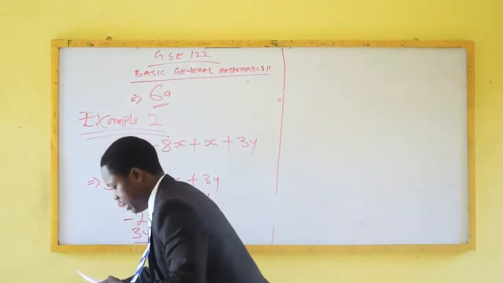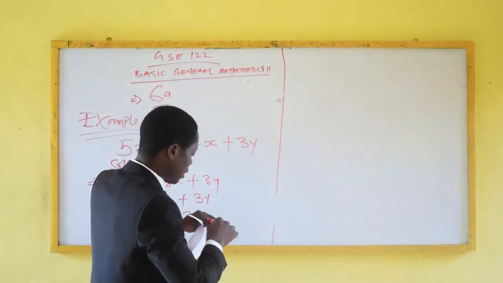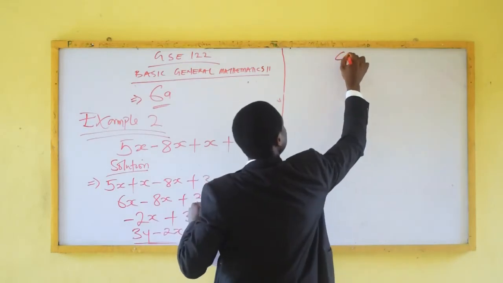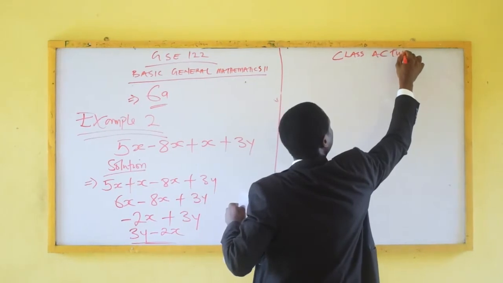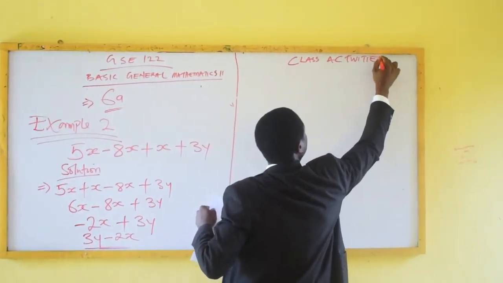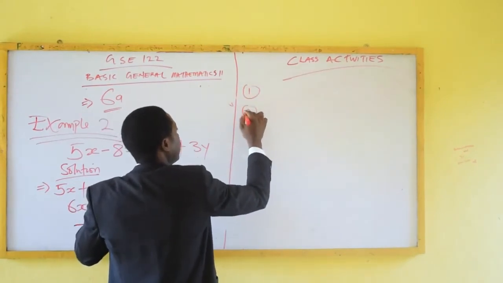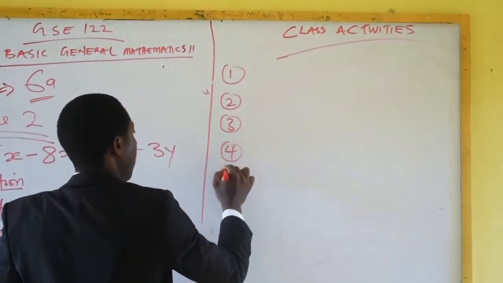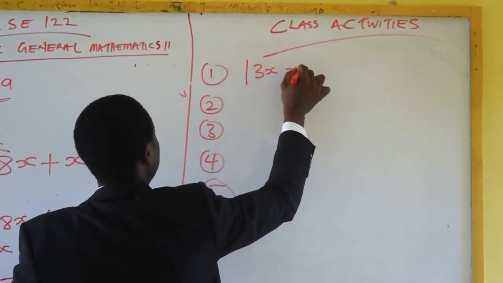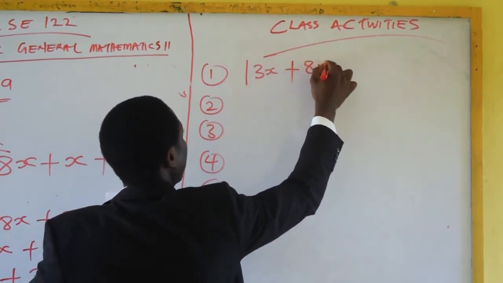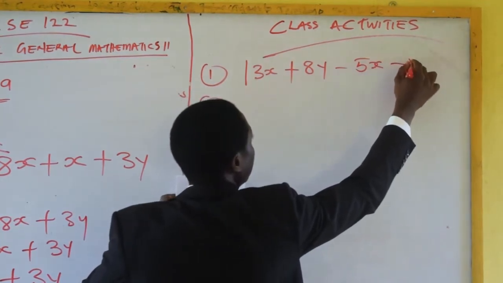So these are the class activities. Number 1, 13x plus 8y minus 5x minus y.